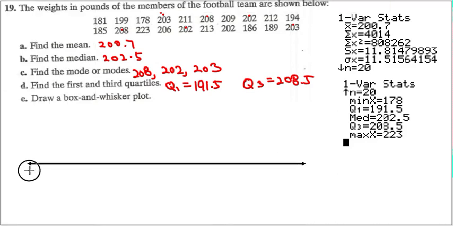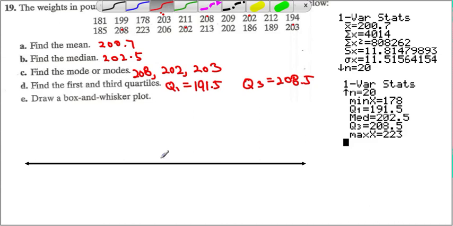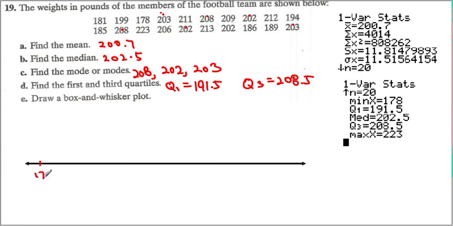So we're going to set up a similar thing as before. Here we have 175, 185, 195, 205, 215, 225.